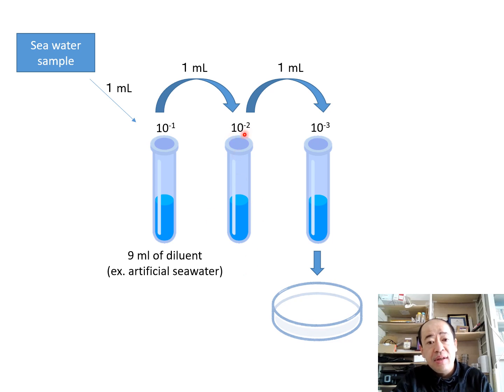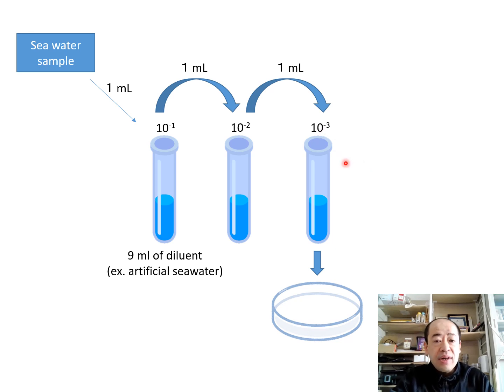That is the 10 to the 2nd dilution, meaning 100 times dilution. Let's continue: mix, transfer 1 milliliter of sample to the next tube. We get the 1000 times diluted sample.